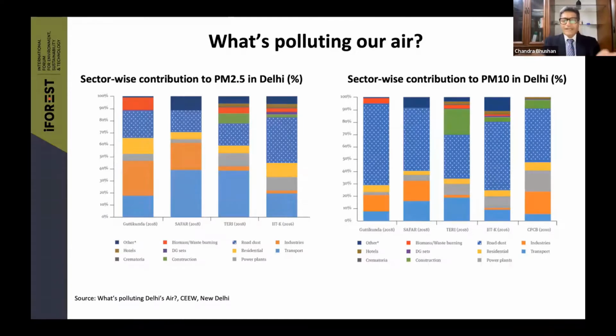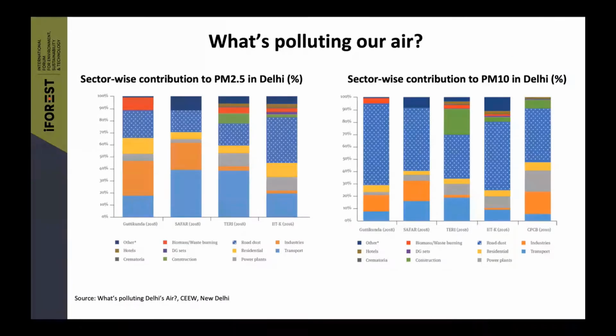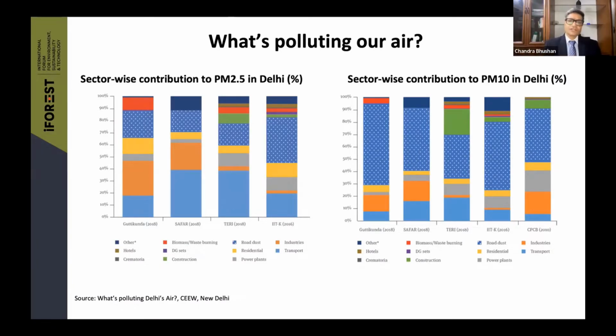Now, it is very clear from this that if we want to solve particulate matter pollution, then dust is something we have to address. Transport is an important one, but dust seems to be a major factor for particulate pollution in cities like Delhi. Of course, you have emissions from industries, you have emissions from thermal power plants. Those will also have to be taken care of.